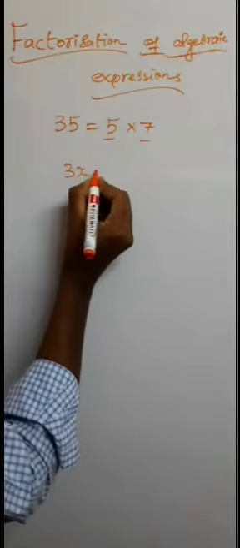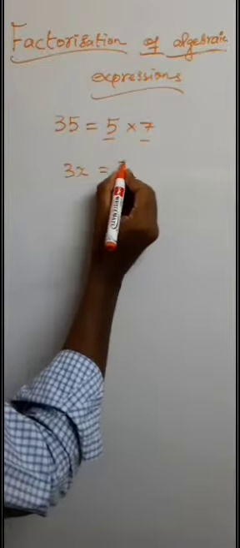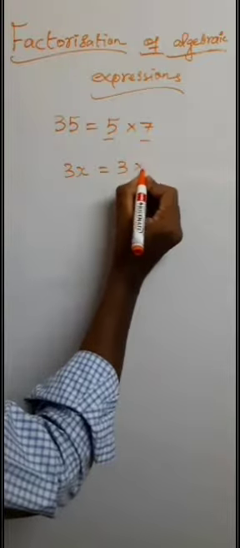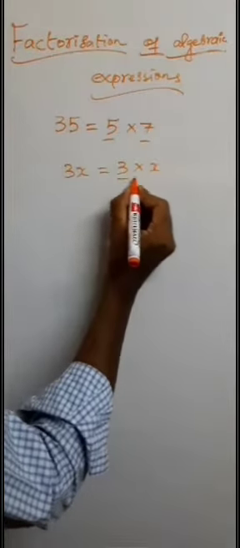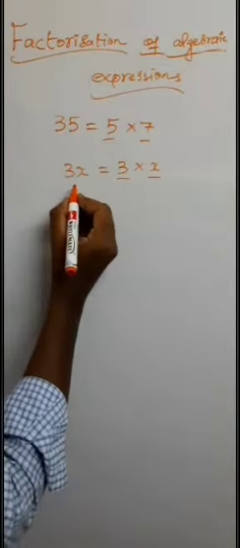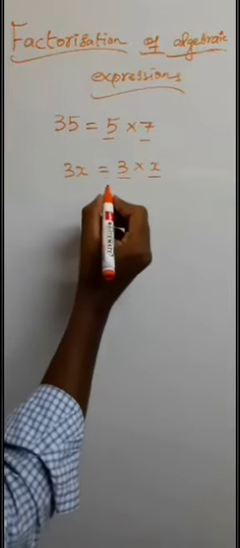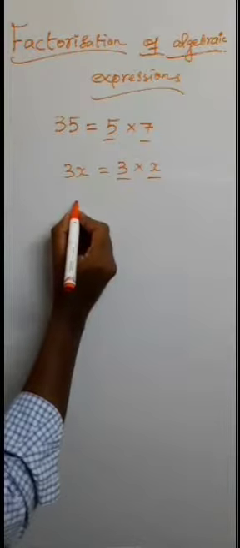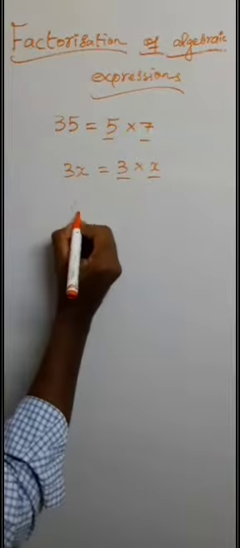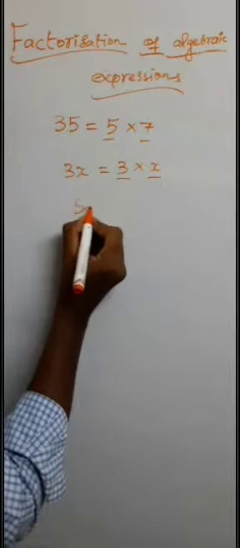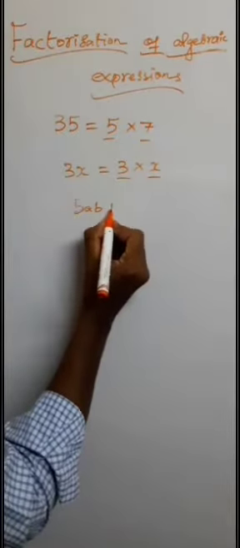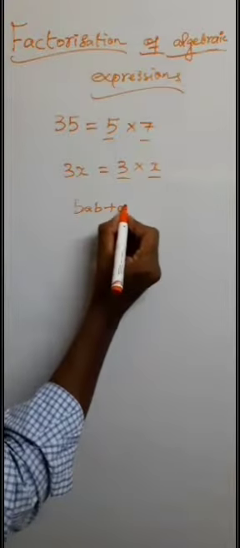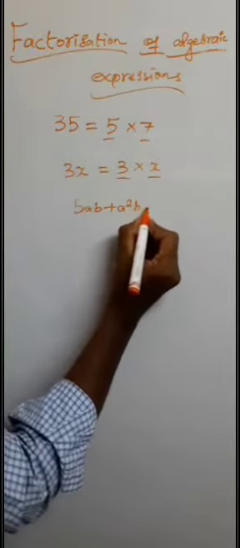Let us see a simple algebraic expression 3x. 3 into x. Since 3 and x are factors of 3x. Let us see another example with two variables, 5ab plus a square b.